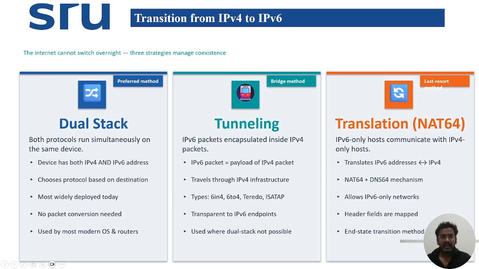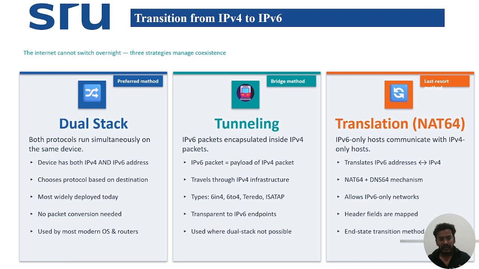So the next one is a tunneling method, bridge method, we can say. IPv6 packets are encapsulated inside IPv4 packets. So the IPv6 packet equals the payload of the IPv4 packets. Then it travels through the IPv4 infrastructure. Types are 6in4, 6to4, Teredo and ISATAP.